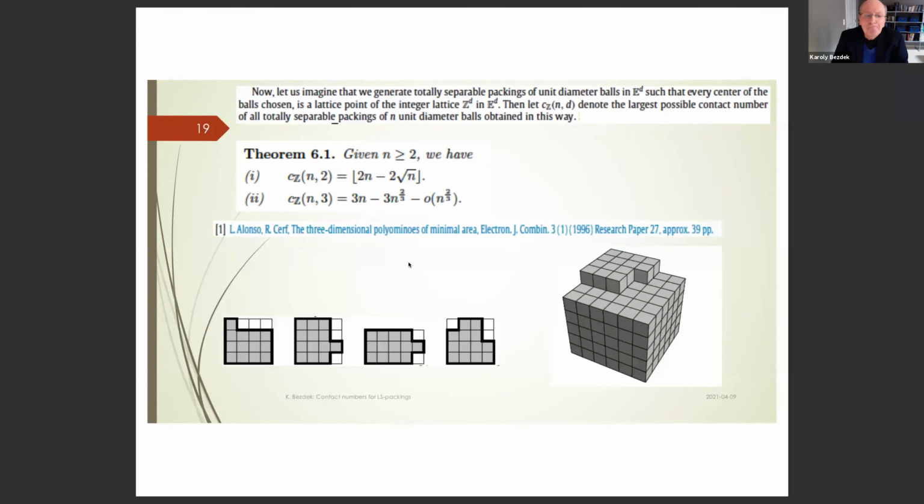Again, what we do is take the integer lattice and generate a totally separable packing, but in this very special way: the center points of the unit diameter balls are integer points, and we take n of them. They form a totally separable packing, and our task is to maximize the number of touching pairs.